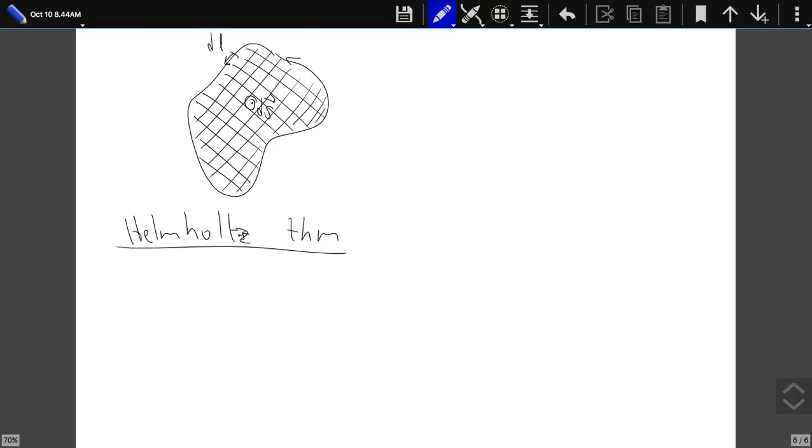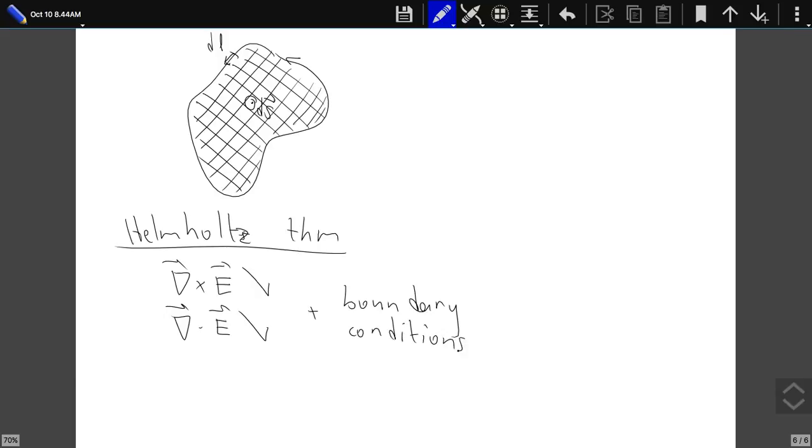What it states is that if you know the curl of a vector field, and also the divergence of the vector field, plus boundary conditions, then the vector field is uniquely determined. We uniquely know what this vector field is.